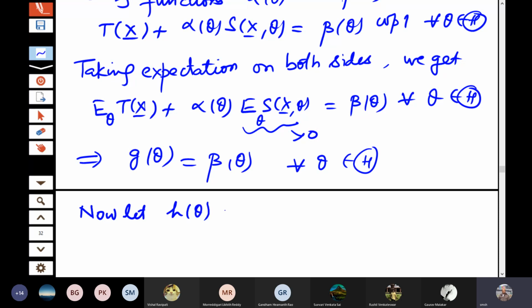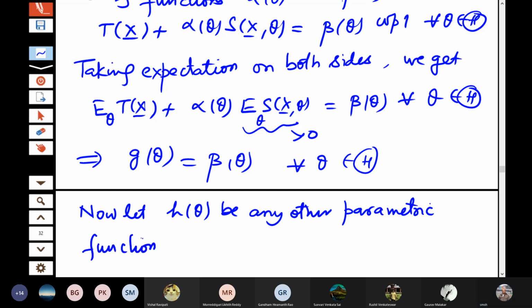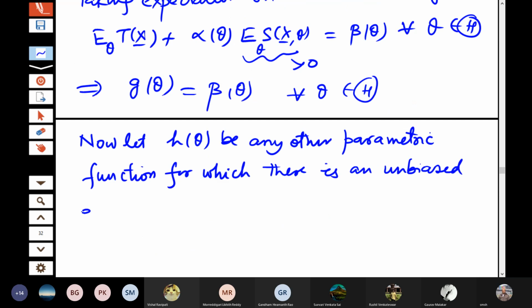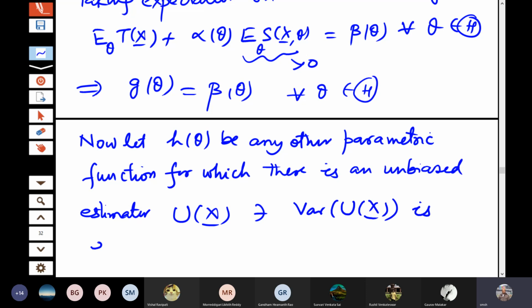Now let h theta be any other parametric function for which there is an unbiased estimator, say U_X, such that variance of U_X is equal to the bound.